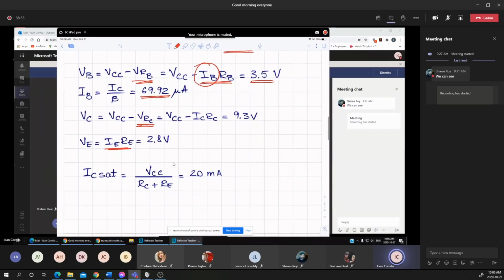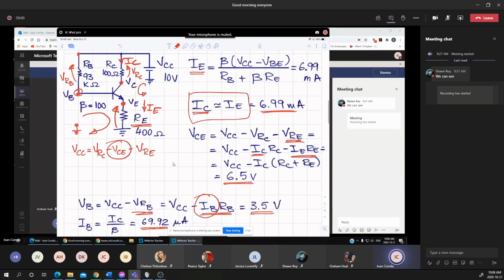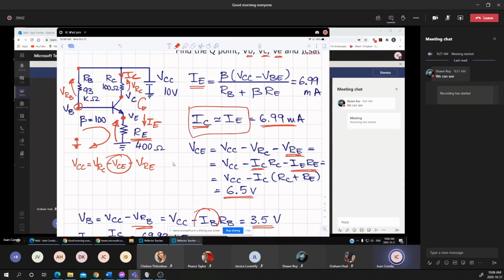To calculate the saturation current, I make the collector emitter voltage equal to 0. That's the saturation collector emitter voltage, which makes the voltage VRC plus the VRE equal to the VCC.